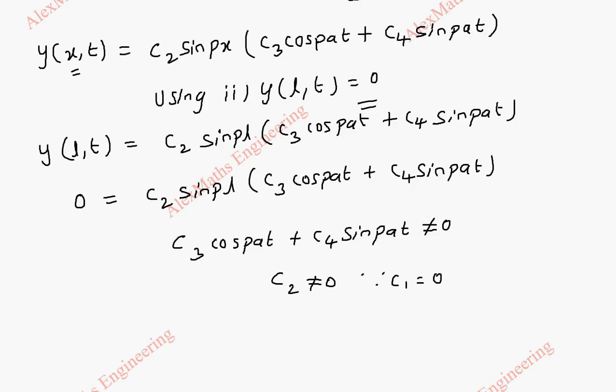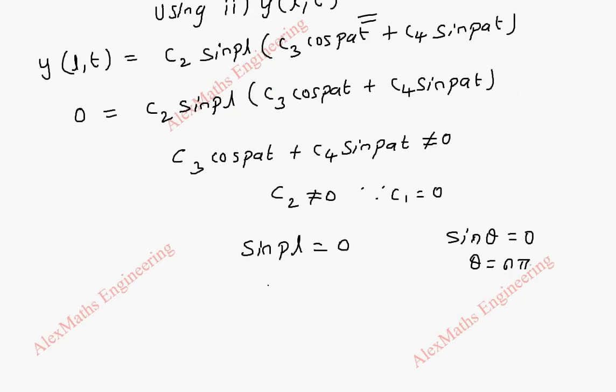So the only solution is sin pL equal to 0, which implies that when sin theta equals 0, we have theta equal to n pi as the solution. Here pL is like theta. So pL equals n pi.